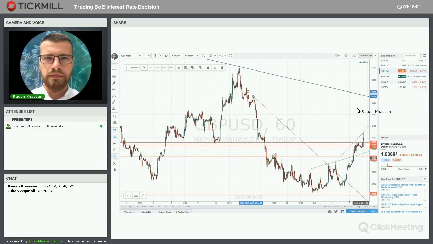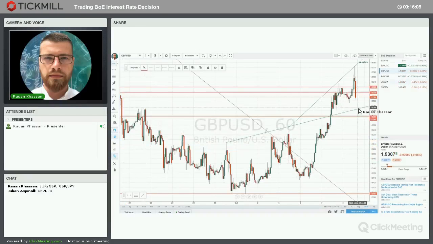So once again on hourly time frame, the closest support level is obvious at 1.5285, and hopefully the pair would be able to test it in the coming hour or two.